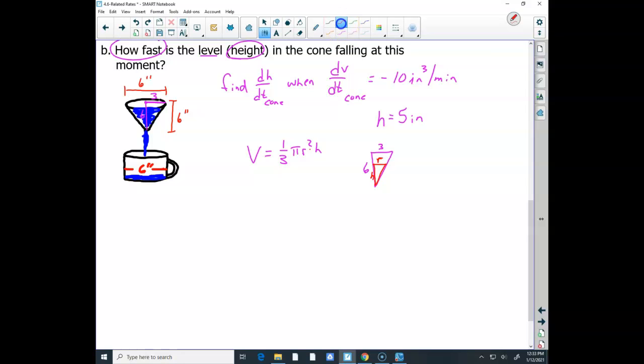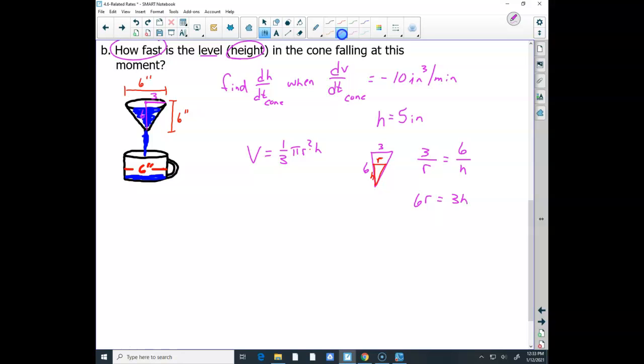So I'm going to think of big triangle to little triangle. How I always did it was radius of the big to radius of the small equals height of the big to height of the small. I could set up a proportion because they're similar, and that tells me 6r equals 3h.